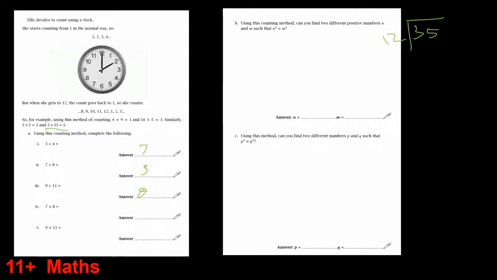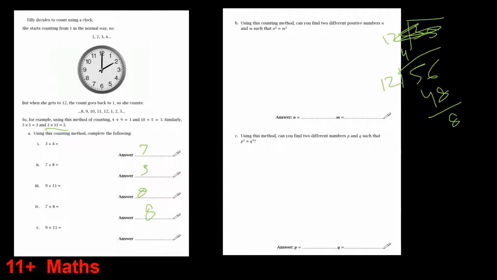Sorry, what am I saying? 7 times 8 is 56. If I divide 56 by 12, 12 times 4 is 48, and the remainder is 8. So we get 8.